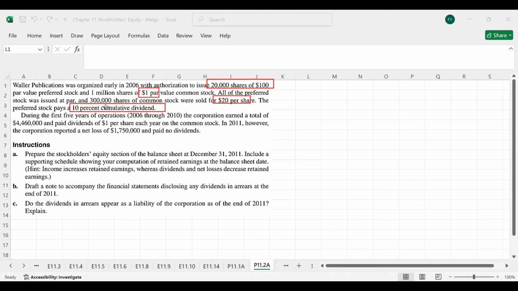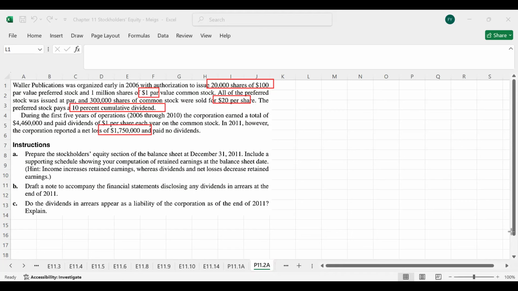We have discussed in the previous lecture that the company will have to pay these dividends first before paying any dividend on the common stock. So this is mandatory. However, in 2011, the corporation reported a net loss, so it paid no dividends.